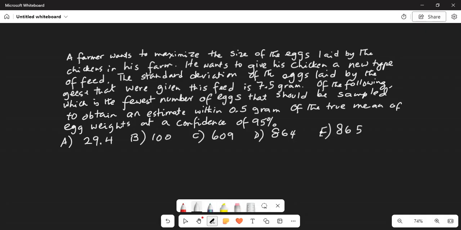Okay. So we have to use the minimum sample size formula. Solution.